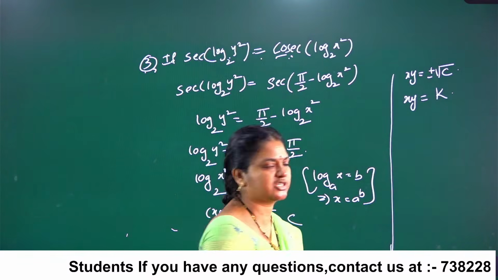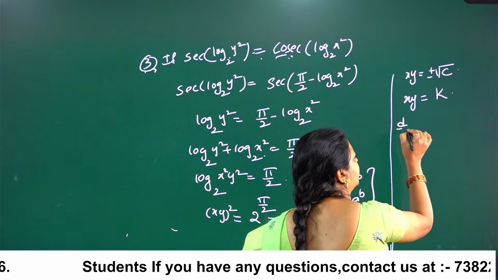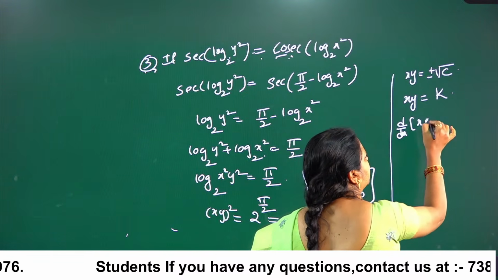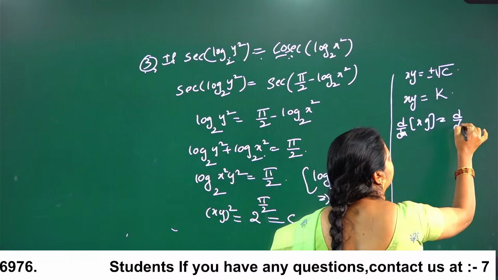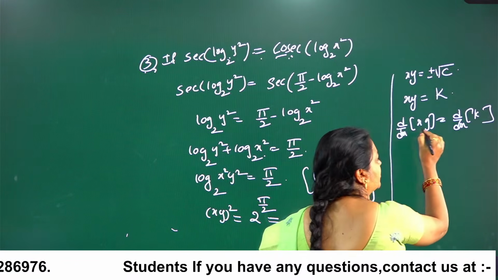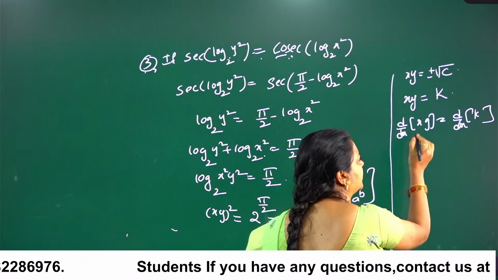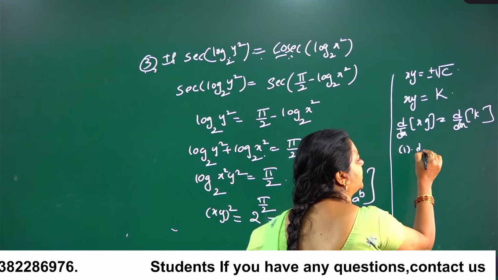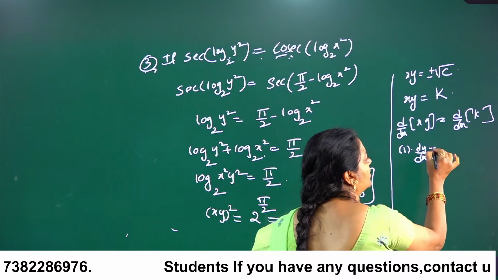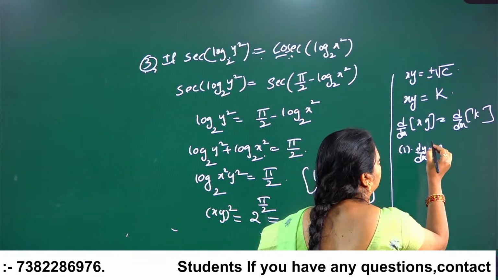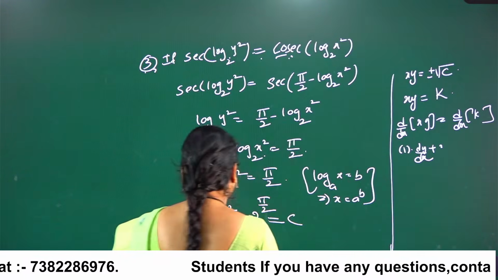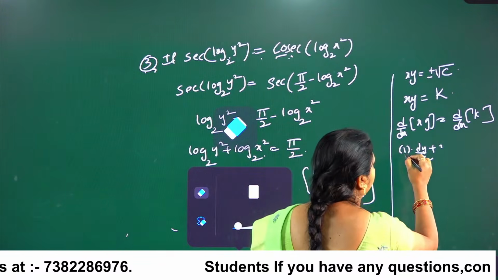Now we will do the derivation. d by dx of xy is equal to d by dx of k. Using the UV model, first u dash, the derivative of x is 1, and this is dy by dx plus x times the derivative.